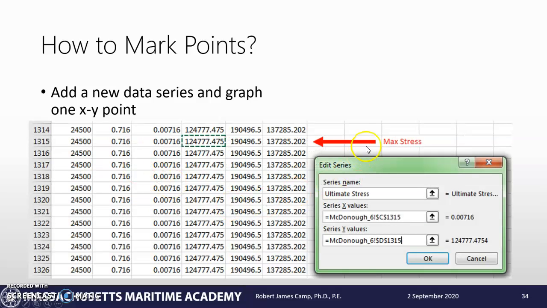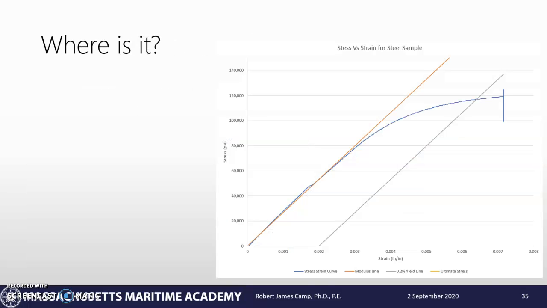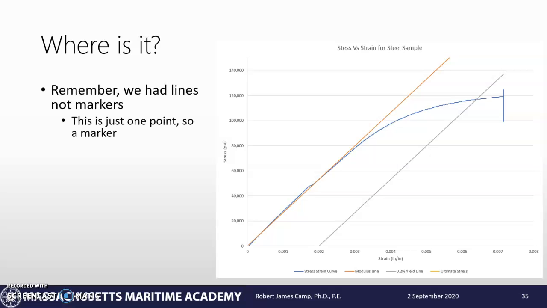So I'm going to add a series. I'm going to call it the ultimate stress, and I've chosen the point. I've given the x and the y values of the point, and then I've plotted it. Where is it? I can't see it. Well, remember, these are all lines, not markers.